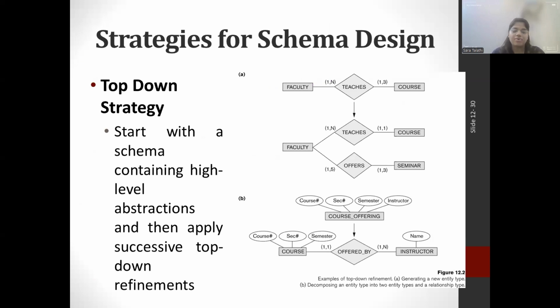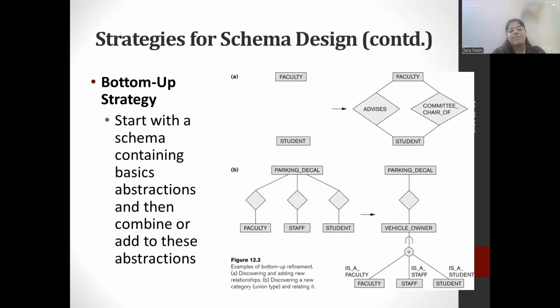So these are the strategies for schema design. The first strategy was the top-down strategy, and through different flowcharts here we try to explain how to start with a schema containing high-level abstractions and then apply successive top-down refinements. Next is the bottom-up strategy, like how it goes from staff to vehicle owners to parking.